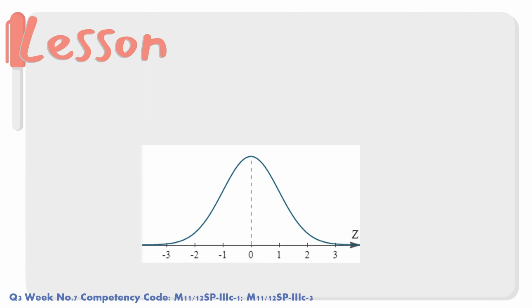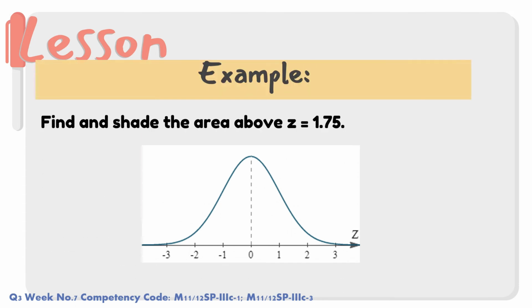Another example, find and shade the area above the z equals 1 and 7500ths. Okay, first, to shade, allocate 1 and 75 hundredths approximately. That is here. Then it says above, therefore, here is the shaded region.